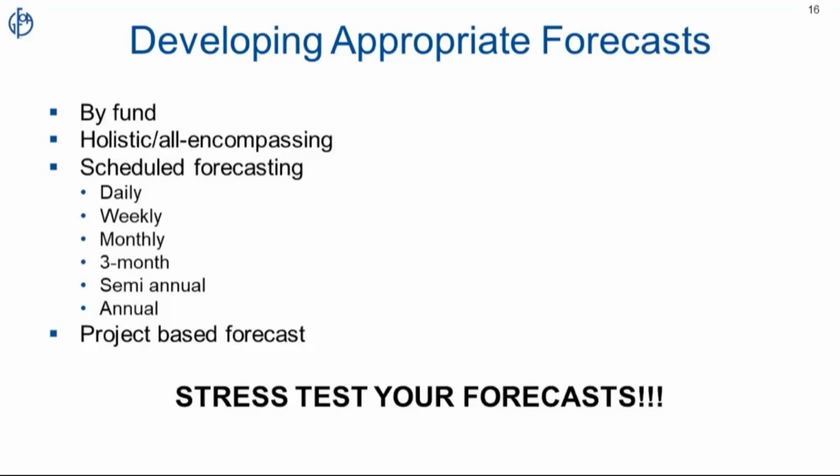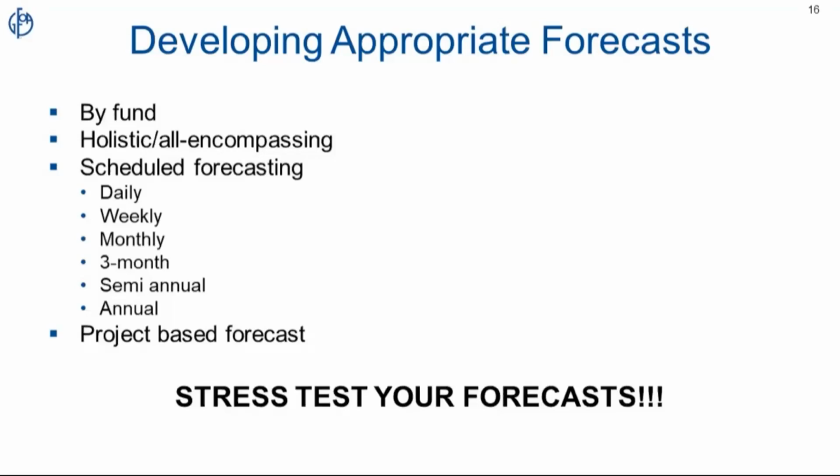So we also want to take a look at our scheduled forecasting. We may be in a position right now where we've seen revenue go down so drastically that we're looking at things daily and almost weekly on certain revenue sources. So it might be a mini forecast on that revenue to see how it's trending. Is it trending down? Are we bottoming? Is it going to start to come up?